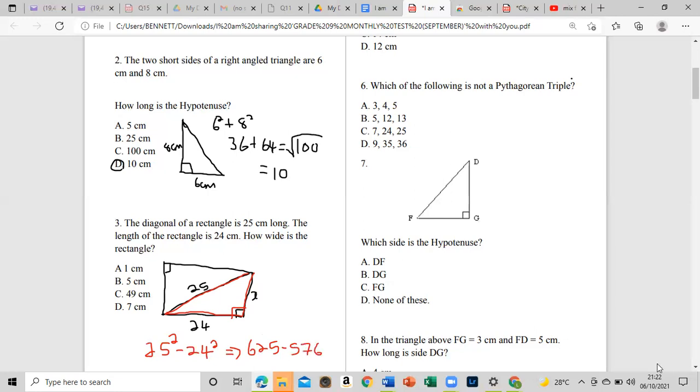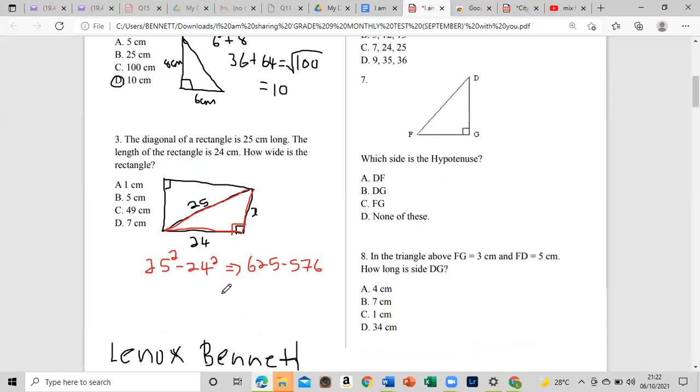When we subtract, we get 49. And then we find the square root, which is equal to 7 centimeters. This time they did give us a unit. So it is D.